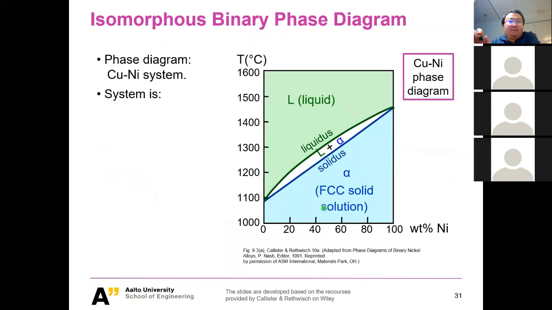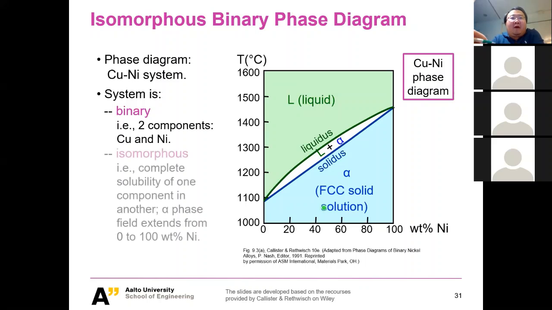I have already been speaking about the so-called isomorphous binary phase diagram, which is exactly what we're seeing here with the copper-nickel diagram. First, binary means 2, that's clear.